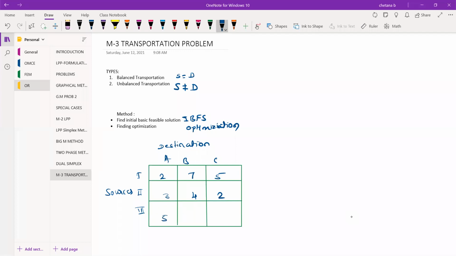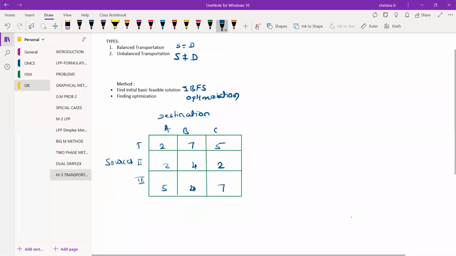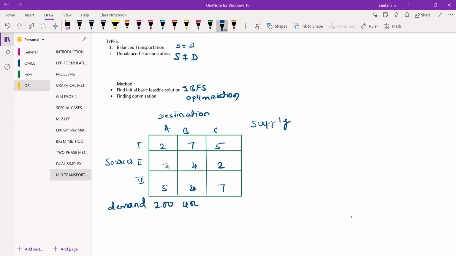These are the costs for each source to destination. Then here we write the supply, and here you can see the demand: 200, 400 and 400. Supply for the first source is 200, 300, and for the third it is 500.